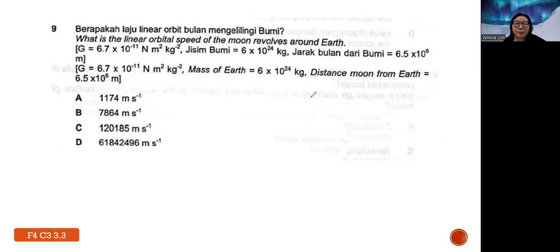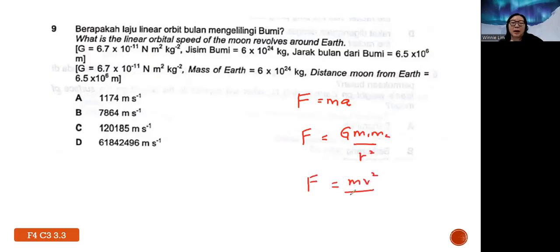Give you an example, like force, there are a lot of different formulas. You have F equals to ma, F equals to G M1 M2 over r squared, F equals to mv squared over r, or F equals to mv minus mu over t.